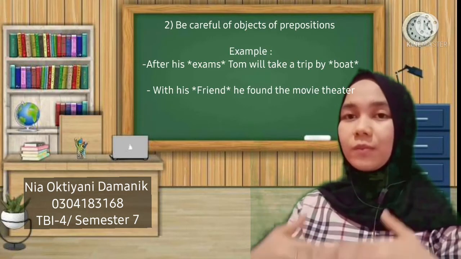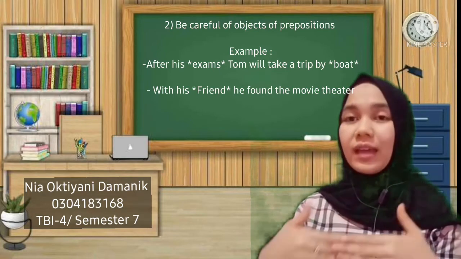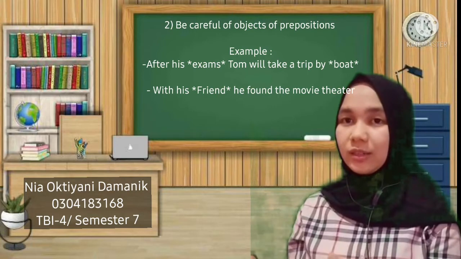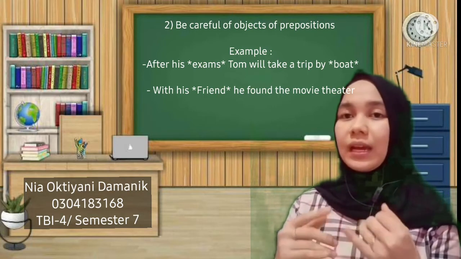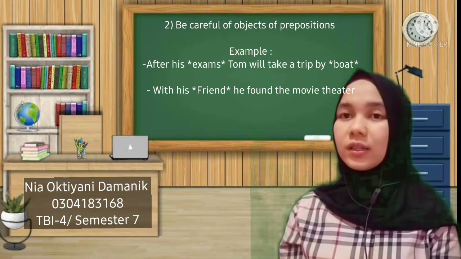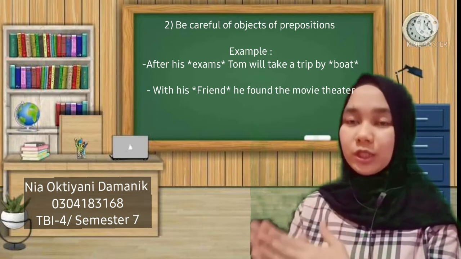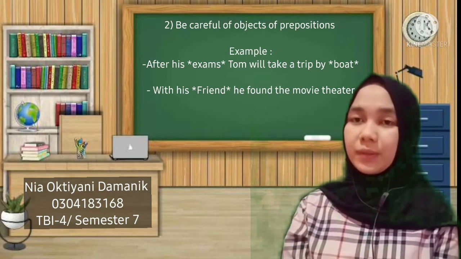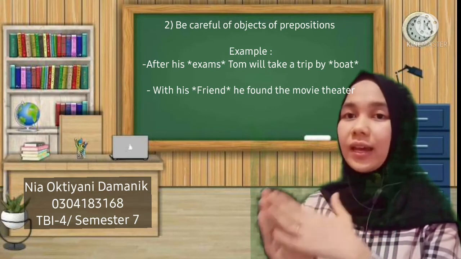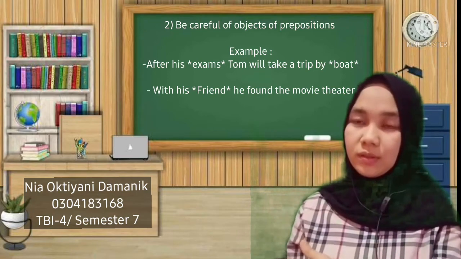be careful of object of preposition. Object of preposition is a noun that comes after a preposition. Examples of prepositions are as, with, on, by, and etc., forming a prepositional phrase. For example, after his exam, Tom will take a trip by boat.